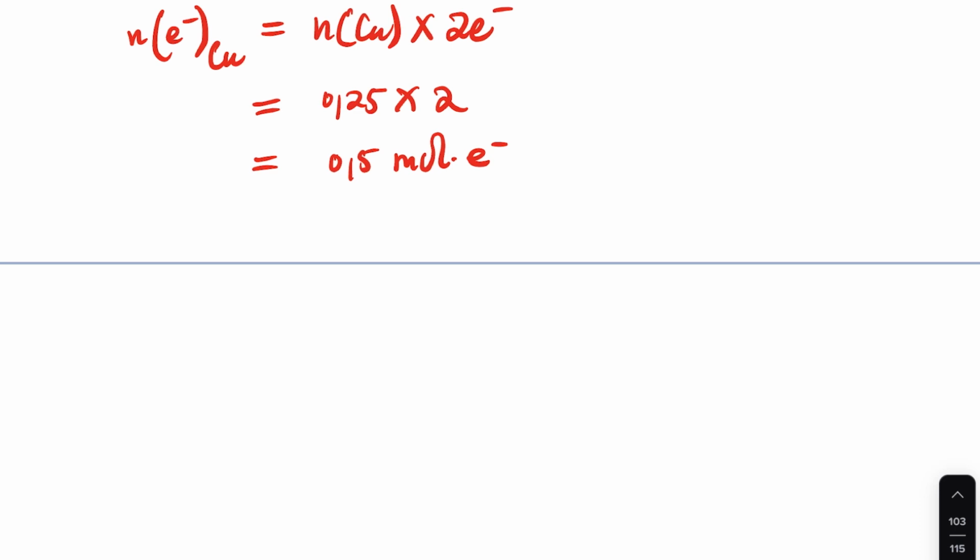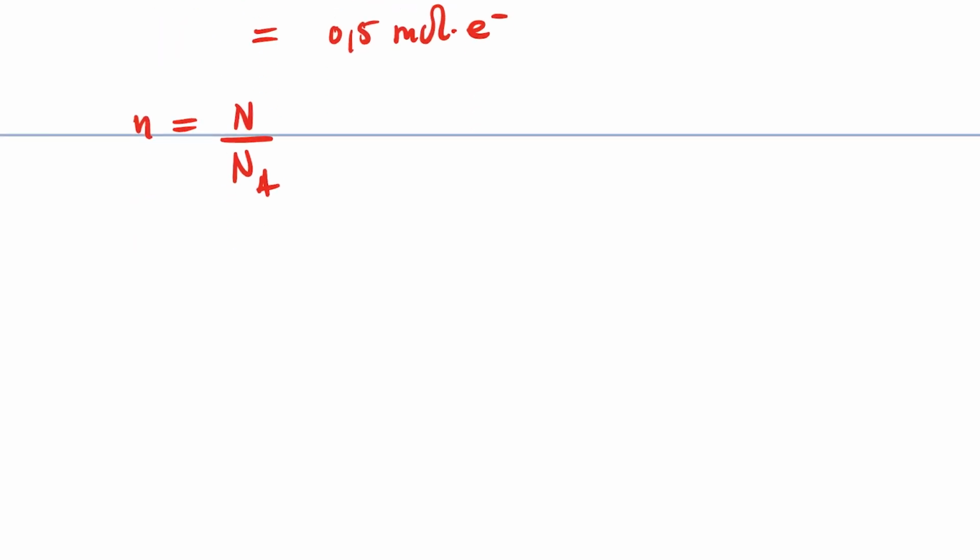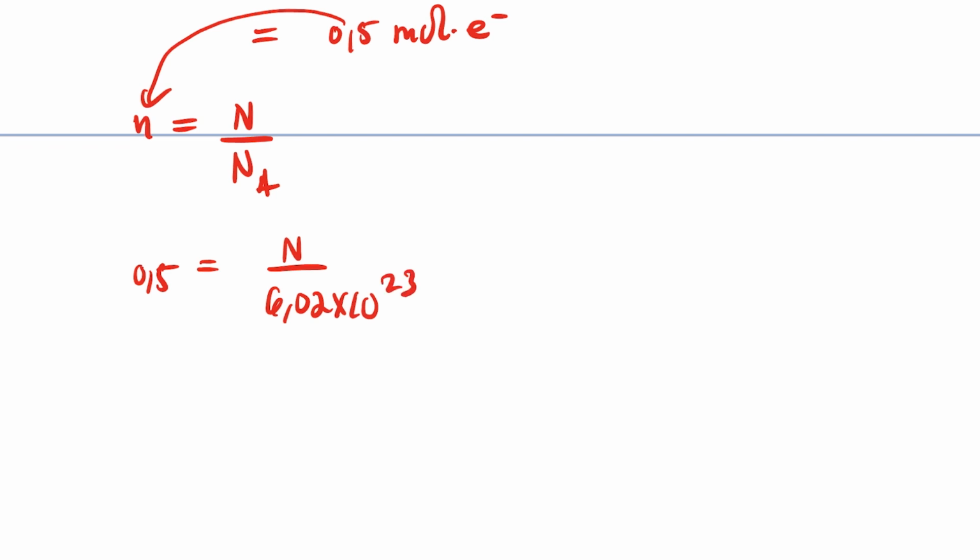And then step number 3, we change the mole electron into electrons, right? We take this value, we substitute it there. It's 0.5 and over that we times by Avogadro, 6.02 times 10 to the power 23.